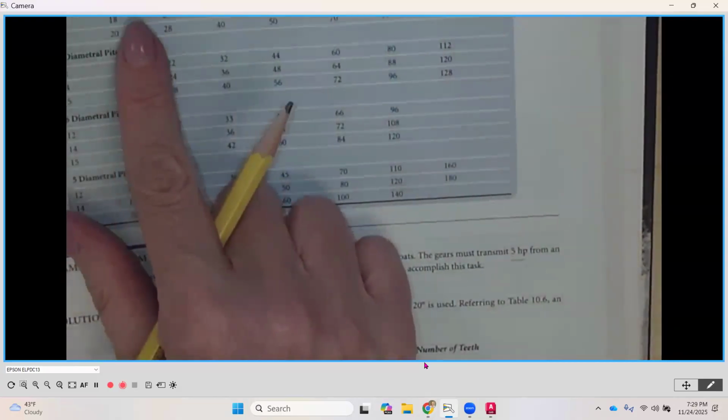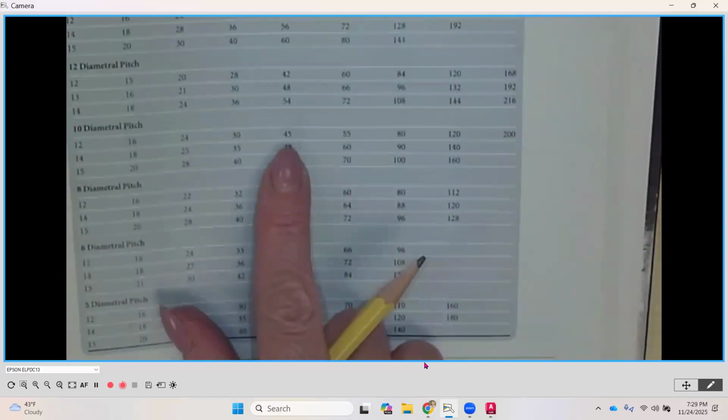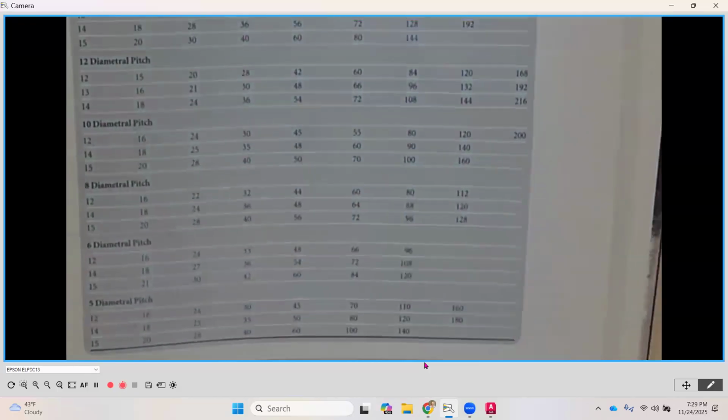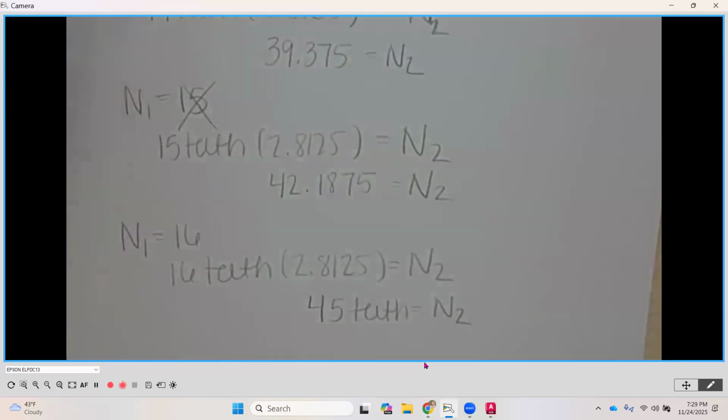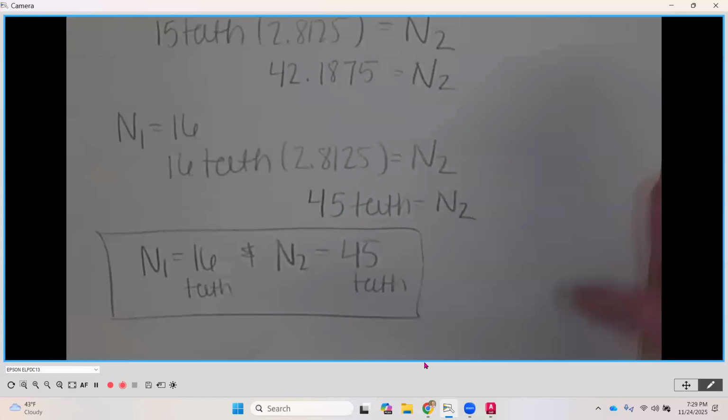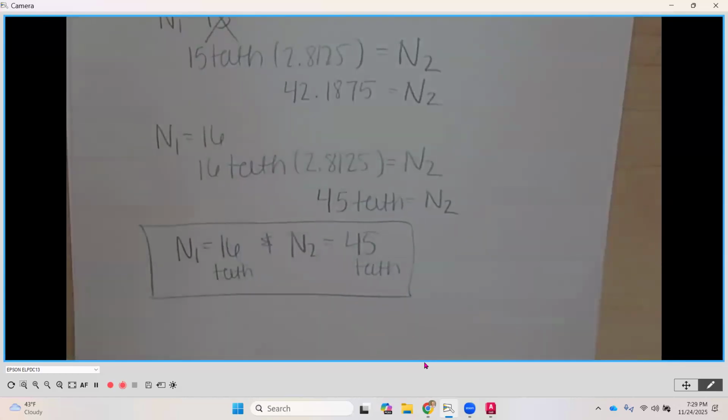So we've got 16, and we've got 45. That's a good pair. So that means our N1 is equal to 16, and our N2 is going to equal 45. And that's teeth and teeth. So that's a good pair that is commercially available, standard sizes.